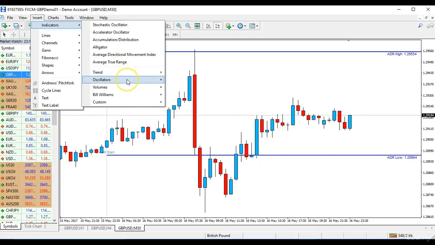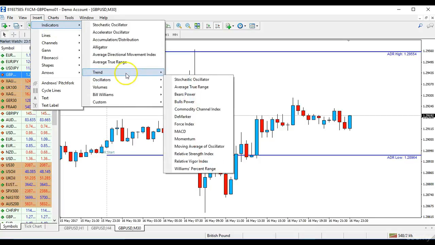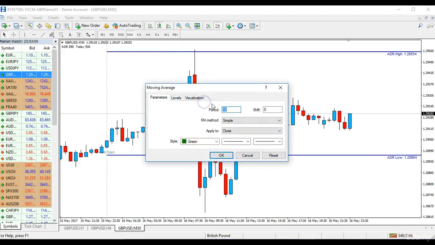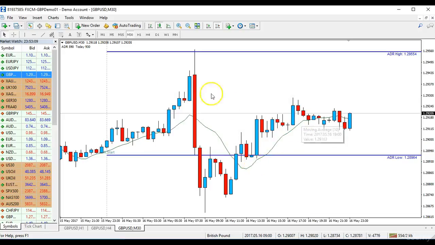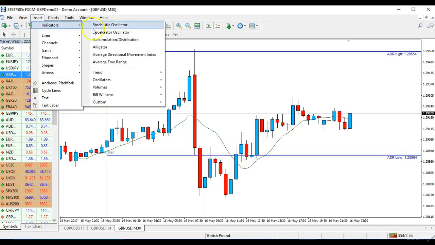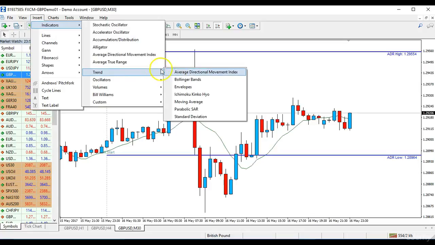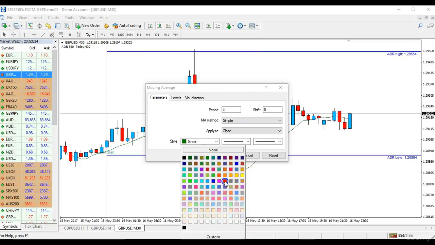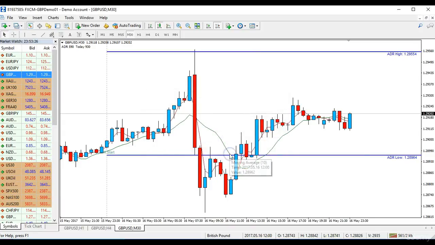So let me give you another indicator that I use and tell you how I use it. Another indicator I use is a moving average. I use a 10 period green moving average, and a 3 period red moving average. The reason I use these is to get a visual representation of how fast price is moving.